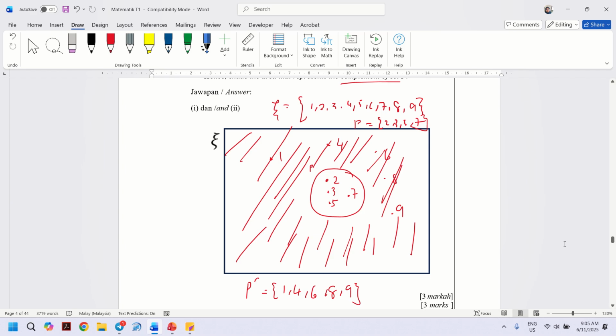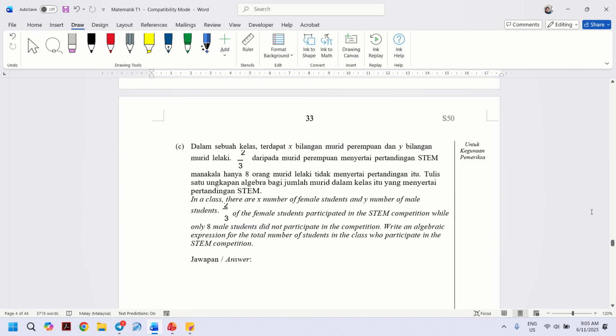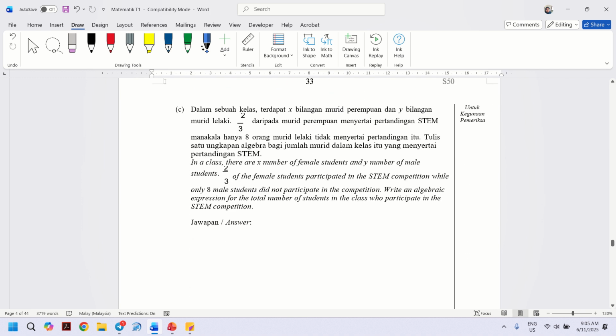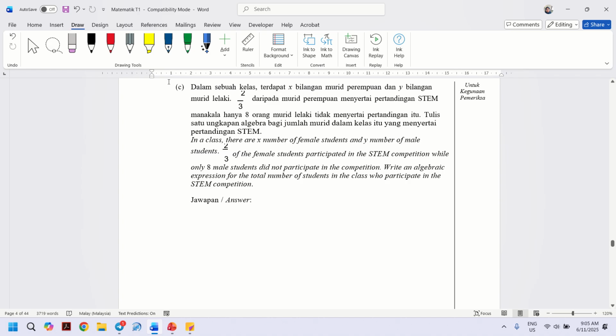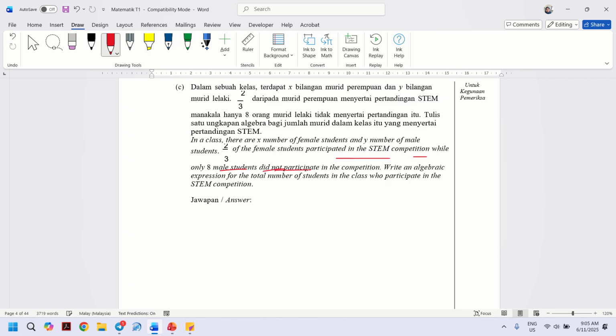Okay, next question is question C. In a class, there are X number of female students and Y number of male students. 2/3 of female students participated in the STEM competition, while only 8 male students did not participate. Write an algebraic expression for the total number of students involved in the STEM competition.